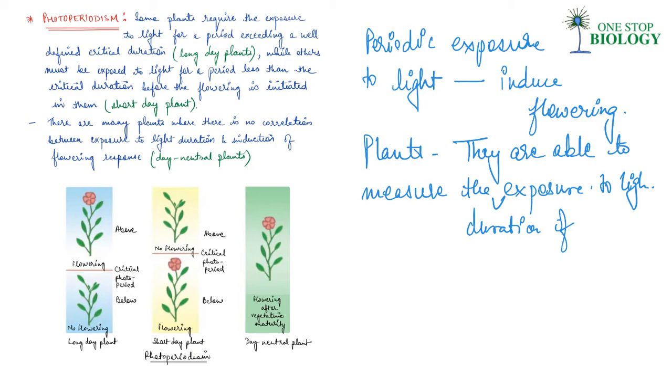Some plants require the exposure to light for a period exceeding a well-defined critical duration. So say, consider that all plants require an average light duration. Now there are some plants which require a light period more than that, while there might be some plants which require exposure to light for a period which is less than that particular average critical duration. And this is mainly to induce flowering, right?